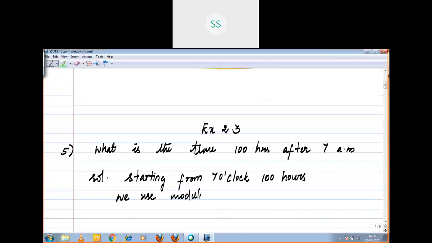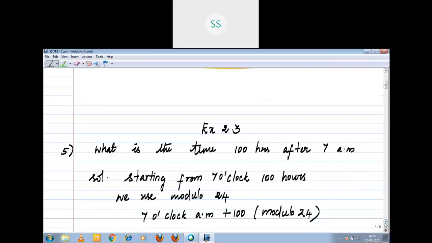Now 7 o'clock a.m. plus 100 modulo 24. How many times does 24 exist in 100?